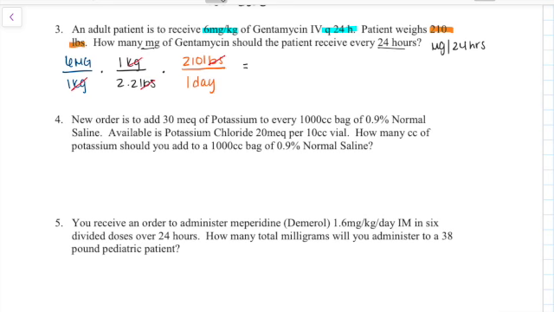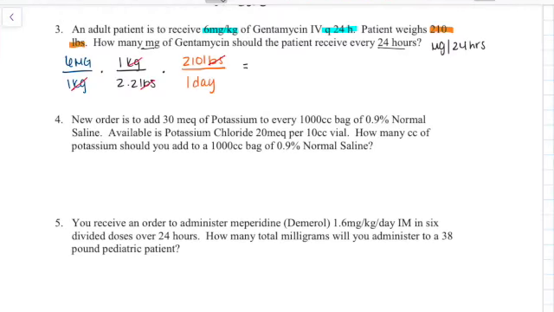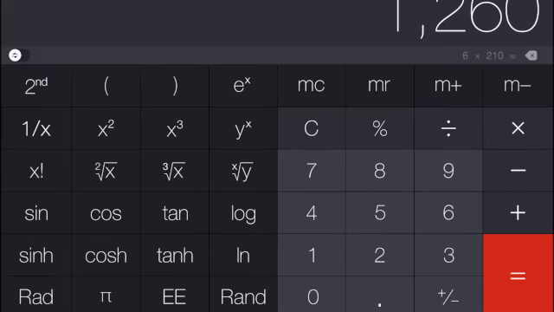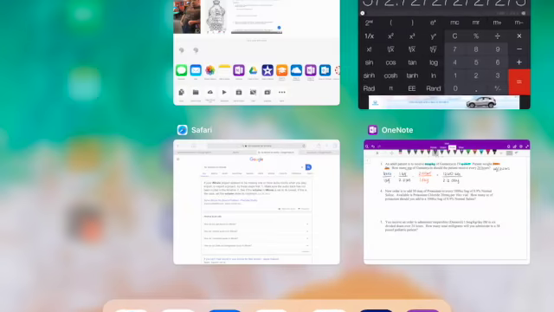So 6 times 210 is 1260. And we'll carry over milligrams. And then on the bottom part, we have 2.2 day. So we need to divide 1260 by 2.2, and that gives us 572.727.